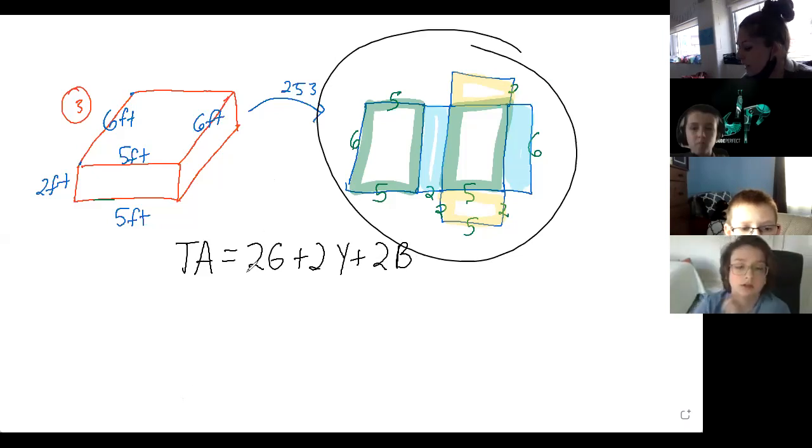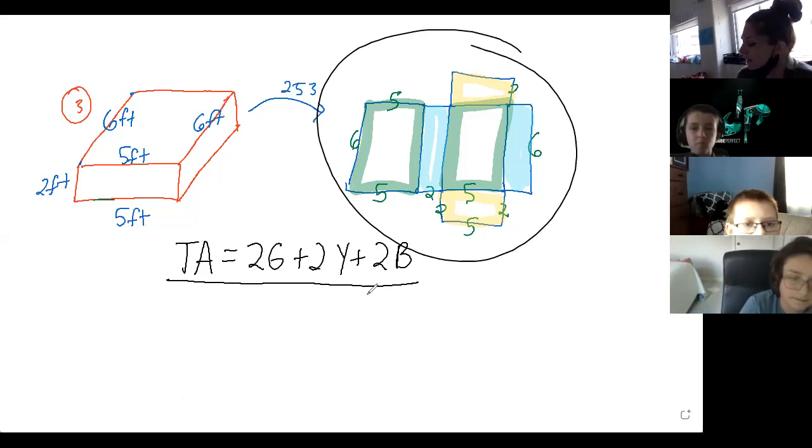So how do we calculate if we know that this is how we get the total answer? Let's decompose it a little bit. How do I find the value of just one of the green rectangles? What's the formula for a rectangle? Area equals what? Length times width. Okay, zoom in to what is the length and what is the width of that green rectangle.